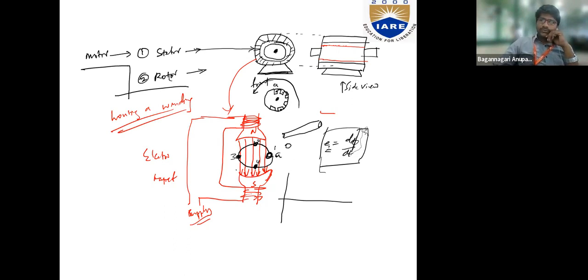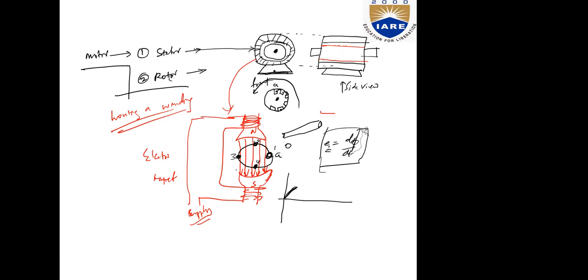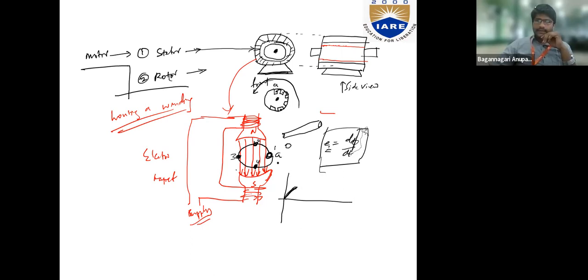But when it moves from position 1 to position 2, what is happening? It is moving towards the center of the North Pole. So it is cutting the flux during its movement, and it is moving towards higher flux densities, right? So the flux cut by the conductor will be of this nature. The amount of flux cut by this conductor at position 1 is 0.